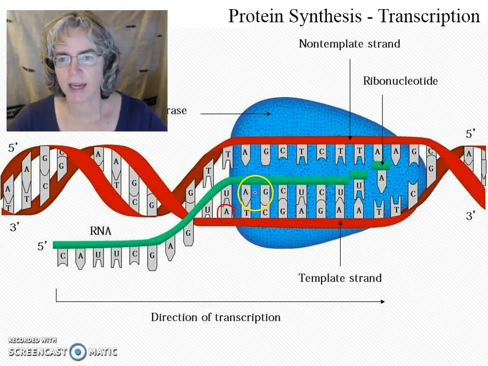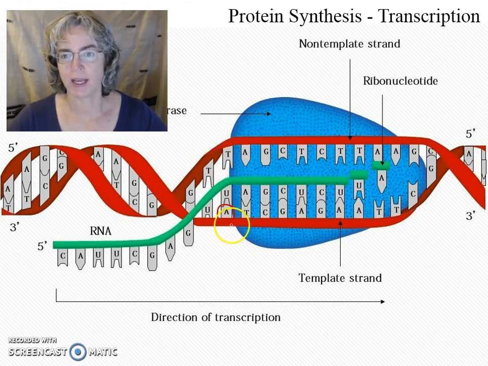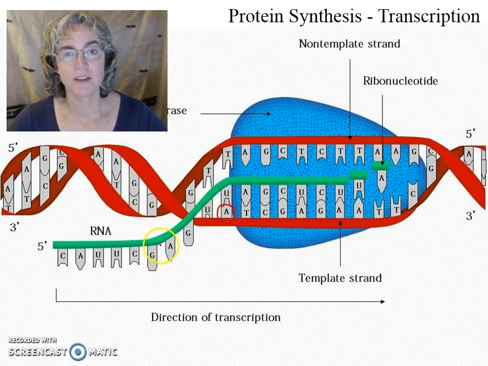And it's not quite as stable as a DNA molecule. Two DNA nucleic acids bonding together is much more stable, so the RNA comes off the DNA molecule, and the DNA can zip back up again.